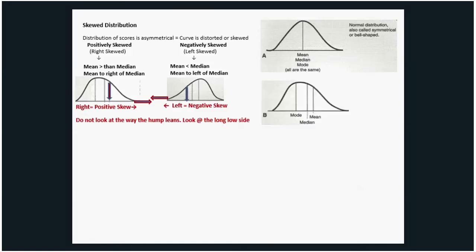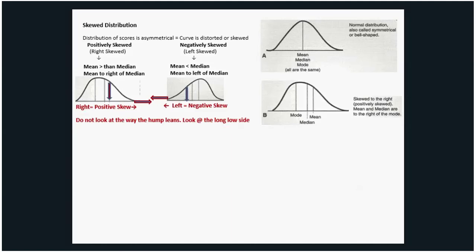Okay, and here, this is a little bit different because I always look at it from the standpoint of where the mean is, but this basically says the same thing, but they're looking at the mode as their reference point.